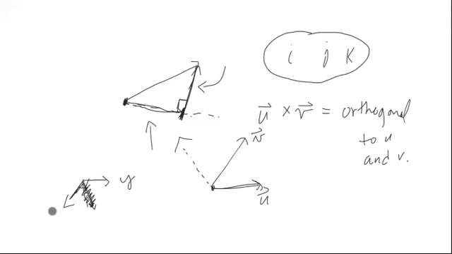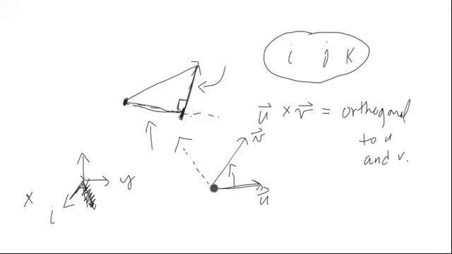And you notice that i times j always went up to k, positive z. Well, that tells us exactly what direction it goes. If you draw on a piece of paper u and v, and to get from u to v is counterclockwise, just like it's counterclockwise to get from x to y, then the cross product is always pointed out of the paper, or up.